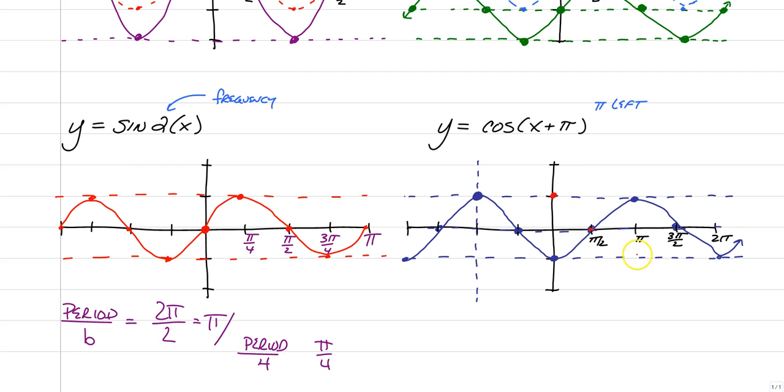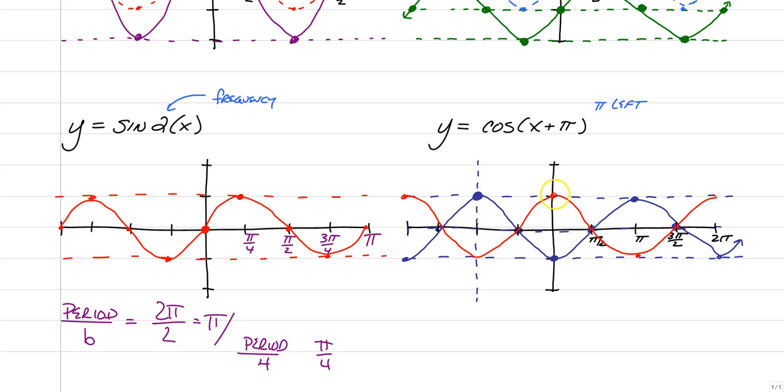So as I mentioned before, all of these waves are going to look very similar, but a lot of it is going to be based on vertically stretching it. So it's going to have higher amplitudes, different frequencies. They're going to look different, especially if you were to graph them all on the same graph. But again, the red one is what the original one looked like.